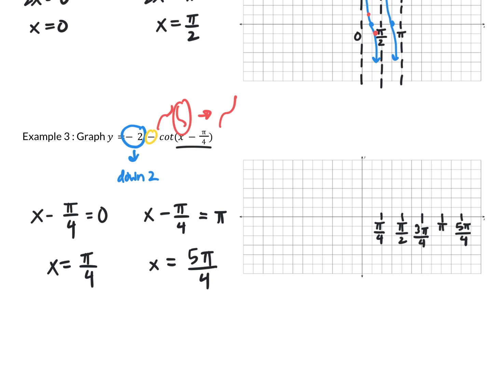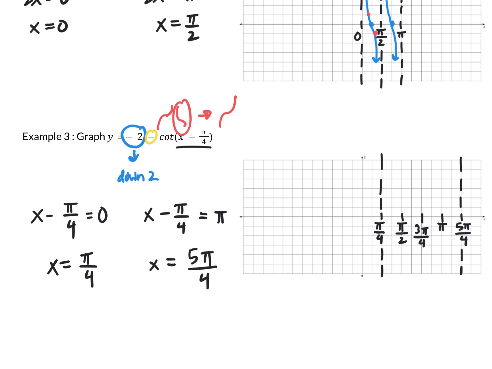And then I can draw my vertical asymptotes on there. And then the next thing we've got to look at is what's exactly in between pi over 4 and 5 pi over 4. What's halfway in between that? The 3 pi over 4.